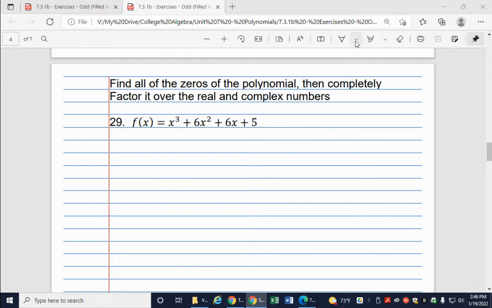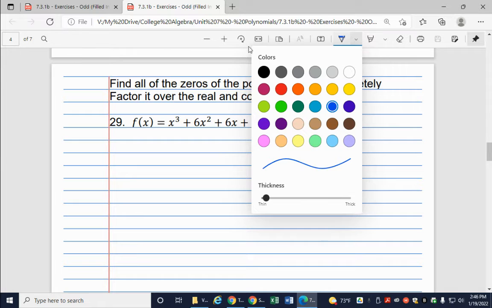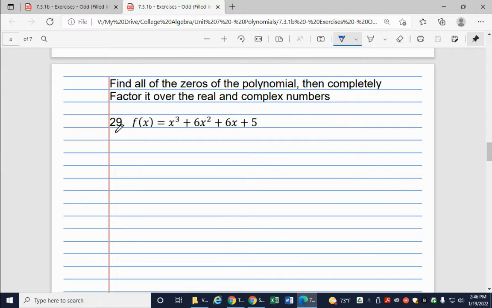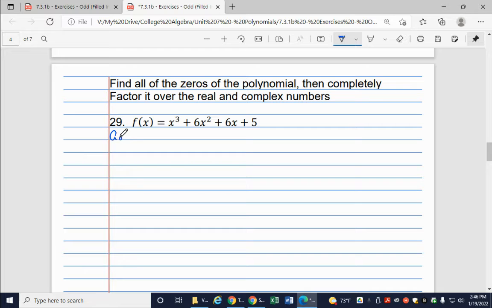Okay? So remember yesterday that we said the first thing that we do is we say, okay, a sub 0, my constant on the end, is 5. So that means my values of P are going to be my factors of 5, which are 1 and 5. It's a prime number.